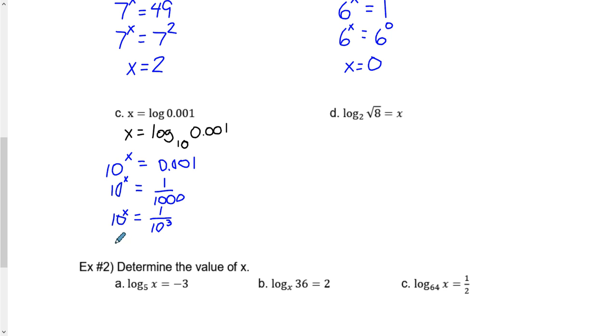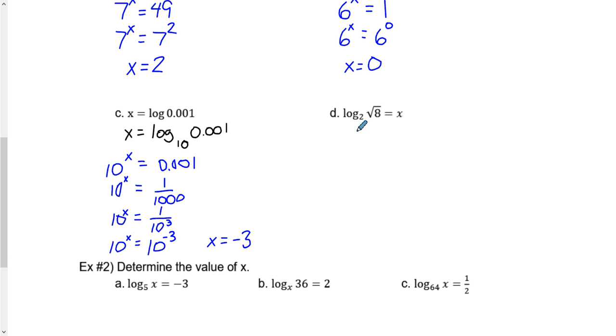So if I want to rewrite this, this would be 10 to the power of x. And because it's in our denominator, to put it in our numerator so we actually have a base of 10, it would be 10 to the power of negative 3. Which means x equals negative 3.